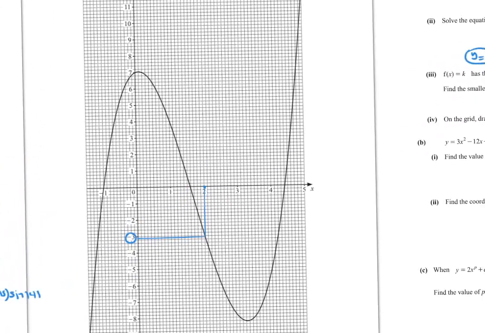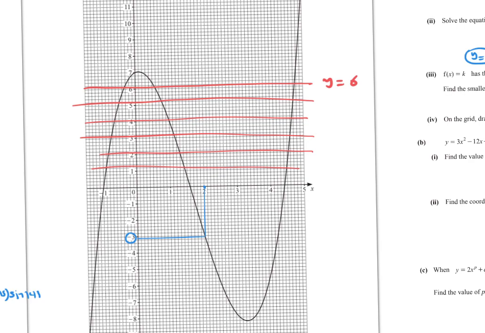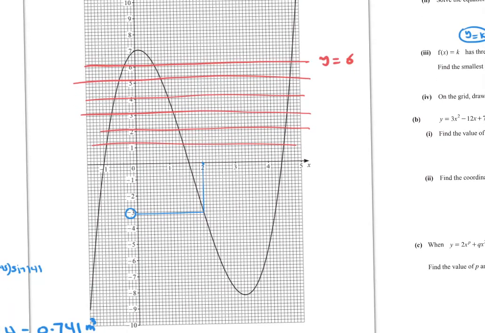We can draw the line y equals 6, and this line intersects the curve at 3 points; 5 also intersects at 3 points, 4, and so on. So I need the least possible value for k, where the line intersects at 3 points. So what is the least value? Yes, negative 8.